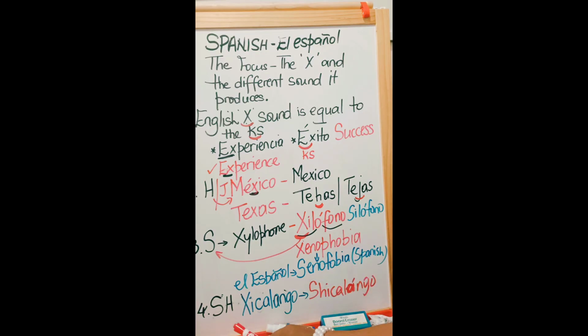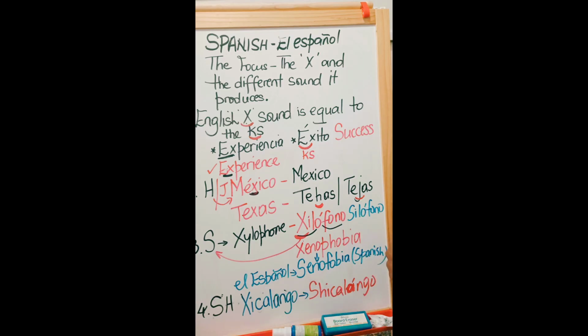All right, the very last and fourth sound of the Spanish letter X is the SH sound. If you look at this weird looking word, forgive me, it's a beautiful word, but weird, when I look at it I would wonder how I would attempt to pronounce it. Xicalango. Like I mentioned earlier, I would pronounce it as Zikalango.